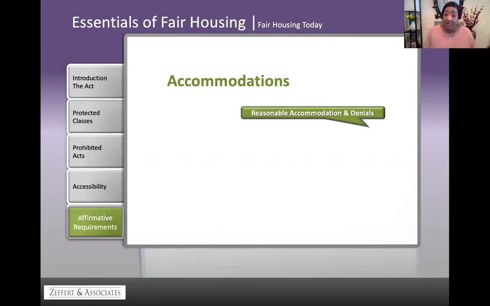Because the housing development is a small operation with limited financial resources and the maintenance staff are on site only twice per week, it may be an undue financial and administrative burden for the housing provider to provide daily trash pickup service. Accordingly, the requested accommodation may not be reasonable.